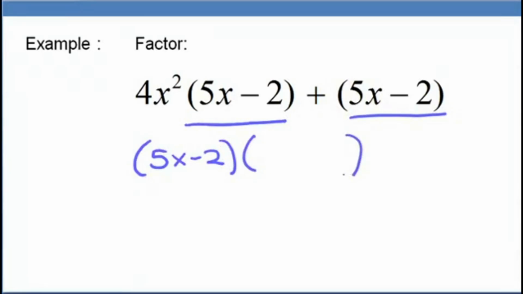To get back there, remember we'll have as many terms as the original problem, which had 2. So for the first term, we have the 5x minus 2. We're missing the 4x squared. For the second term, we have the 5x minus 2, but we have to multiply by something. If you don't see anything on the outside, then you would multiply by 1 to get back there.